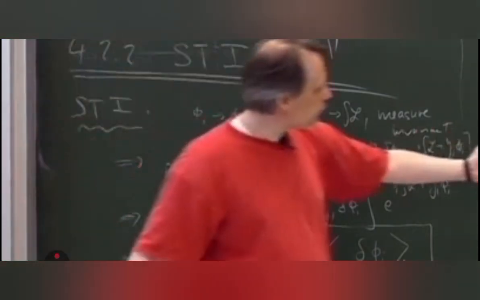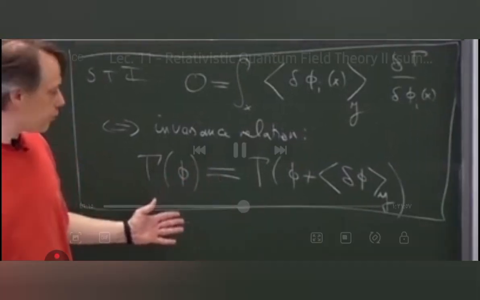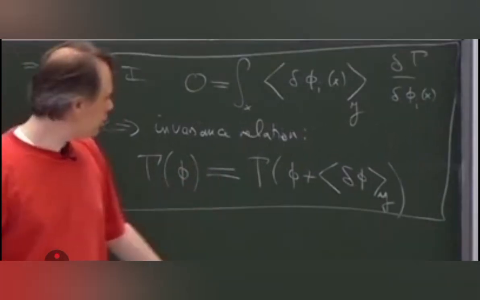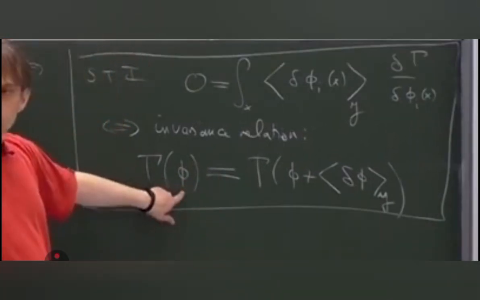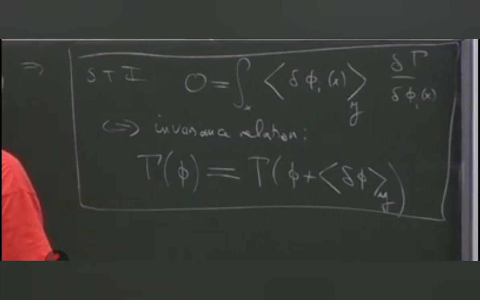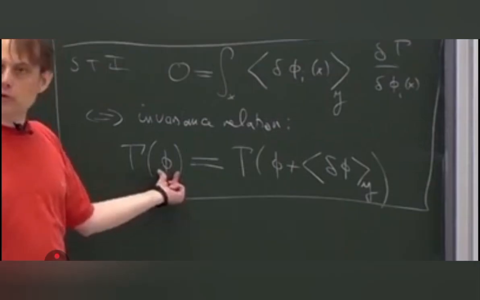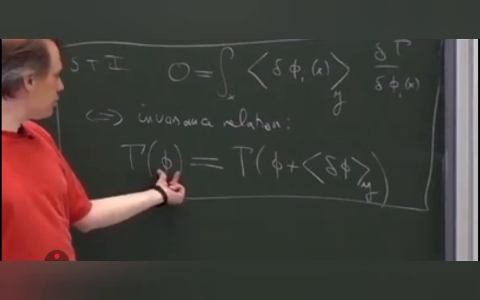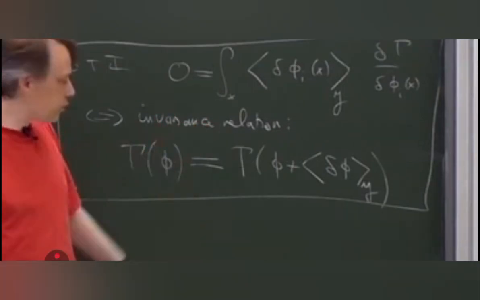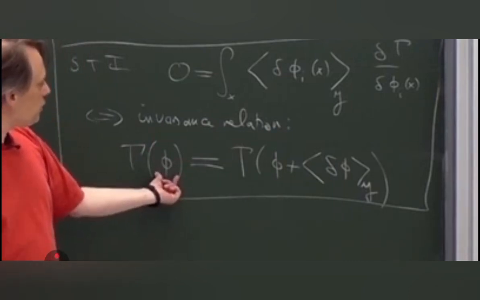The effective action has almost the same invariance, but not quite the same, because first of all, the meaning of the phi is different. Here this is really just a classical field, and that is a product of classical fields maybe. Here this is the expectation value of a quantum field operator, which has classical properties, but anyway it's the expectation value of a quantum field operator.